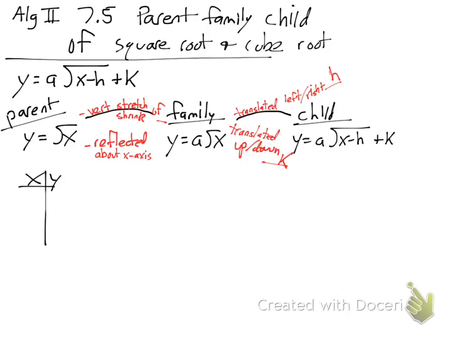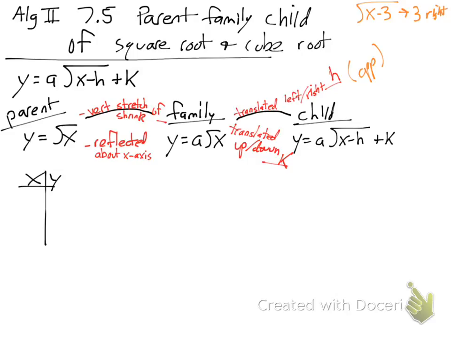But what we're going to do is we're going to move. Now h, you can see, is with the x inside. It's always the opposite. So maybe I'm going to change colors again. And I'm going to put on here in parentheses, it's the opposite of what it looks like. So if you see something like x minus 3 inside the square root, it actually is telling you that it's going 3 to the right.